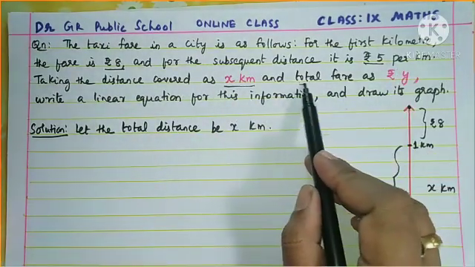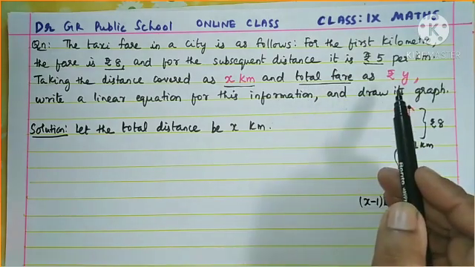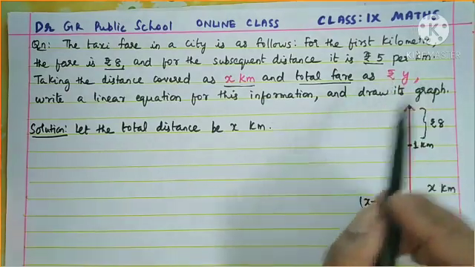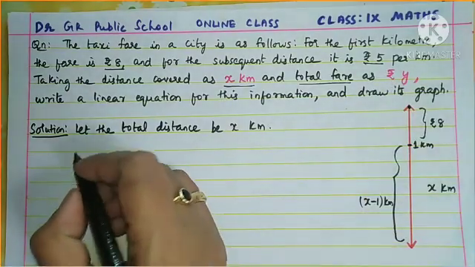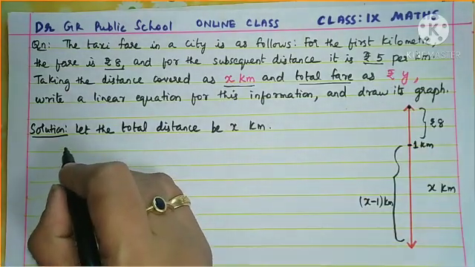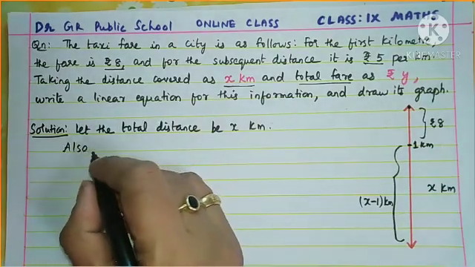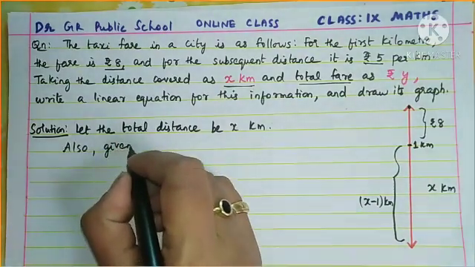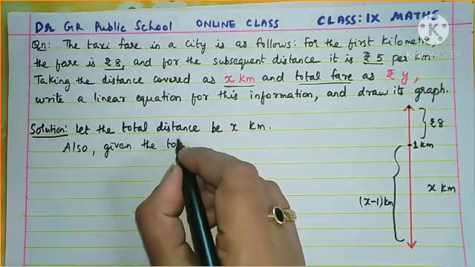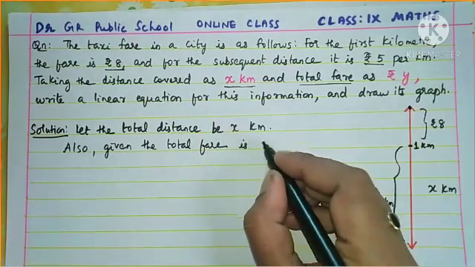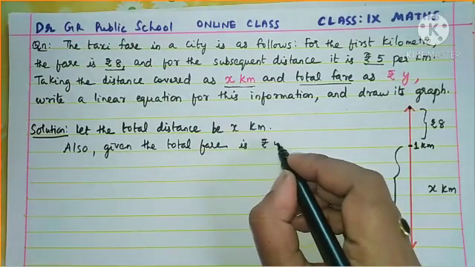Total fare, how much we paid in the end, that is rupee y. So I can write like this: let the total fare be rupee y.